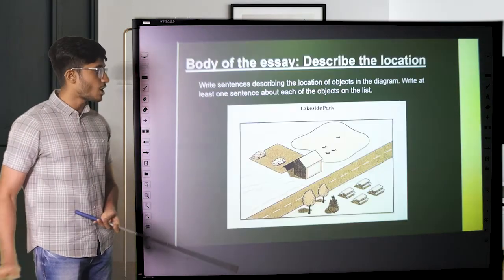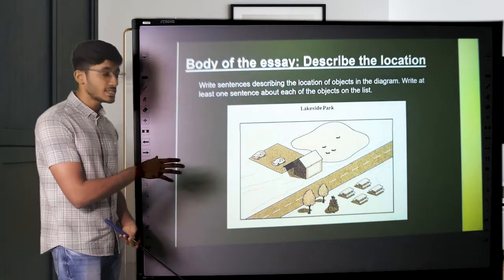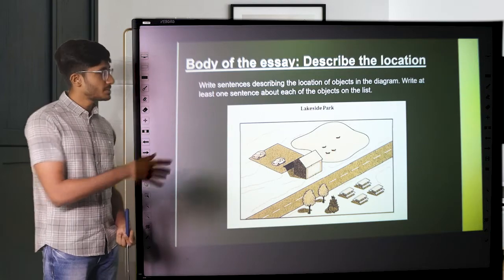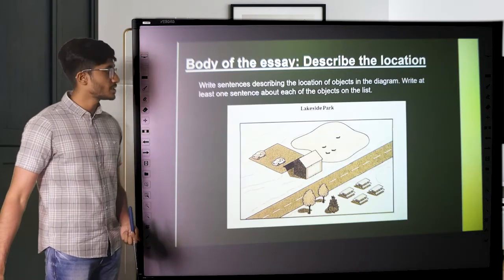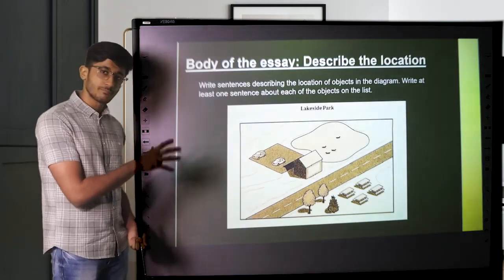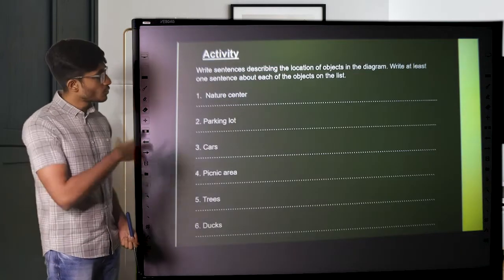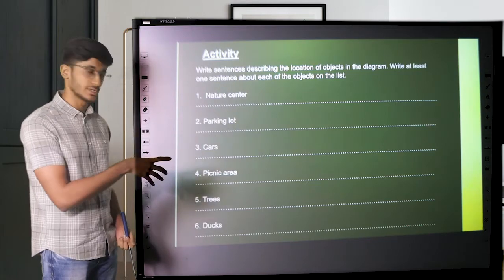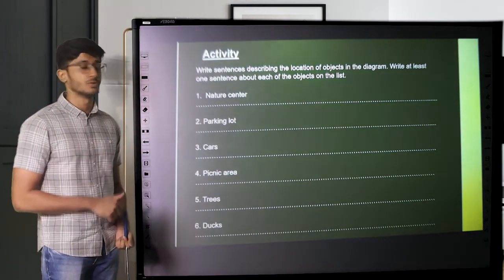You're going to have to explain the location of each of those objects in a similar way to the previous example. You can first pause the video here, take a good look at the diagram, and then move to this section, pause the video and do it orally. This is a self-practice activity which is going to help you sharpen your brain.